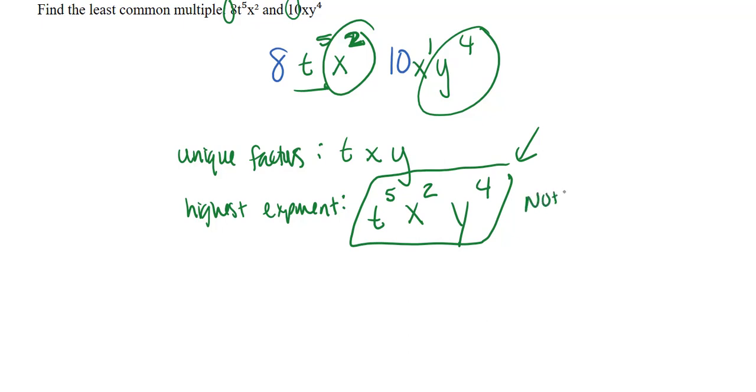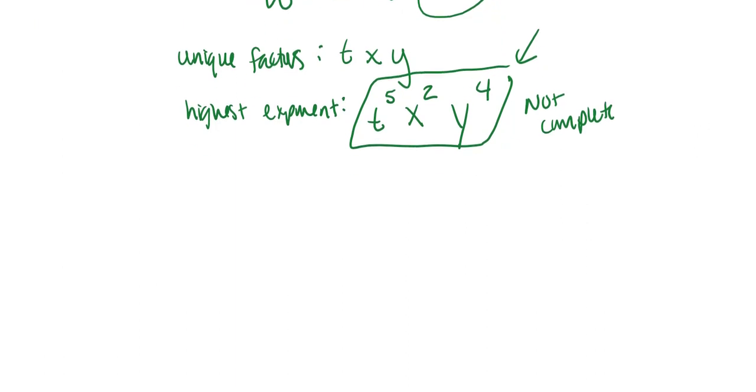But it's not a complete answer because we still have to deal with the numbers. So let's go ahead and deal with those numbers, 8 and 10. We're going to find the least common multiple between those two numbers. If you look, you can go 8, 16, 24, 32, and 40.